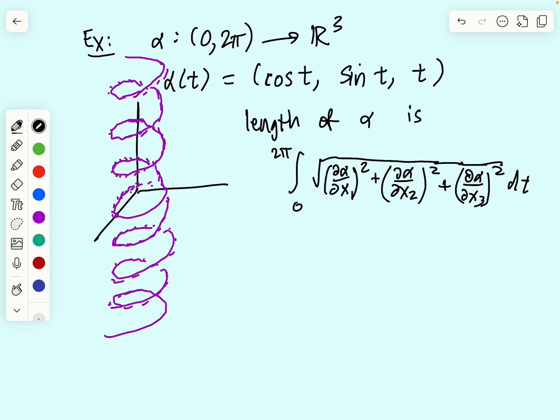In other words, this is the magnitude of alpha prime of t.